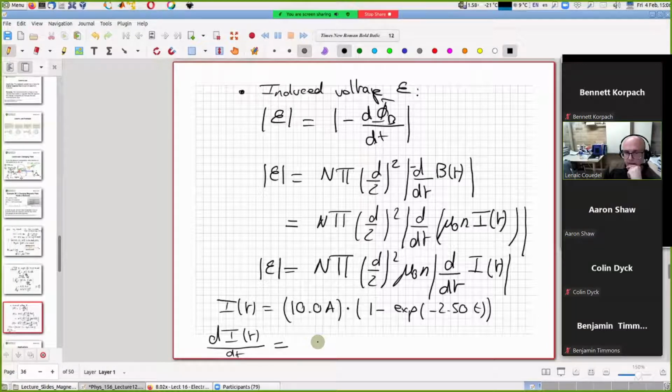Almost. You still have to multiply by 10 amps. Oh, okay, right. Yeah, sorry. So 10 amps times 2.5 exponential of minus 2.5 t.